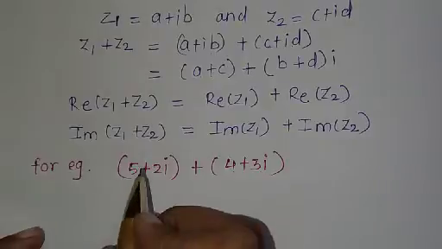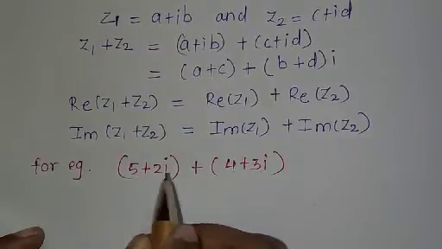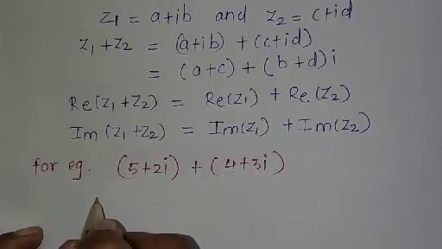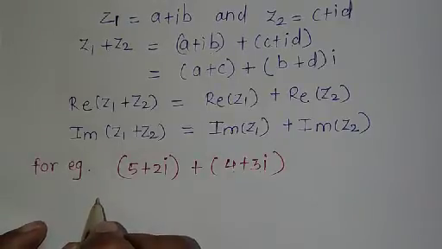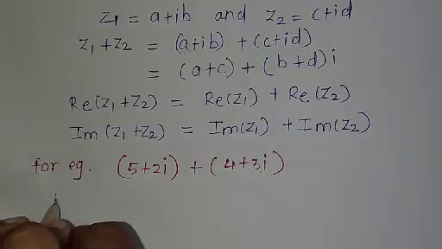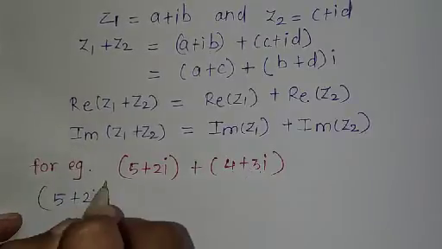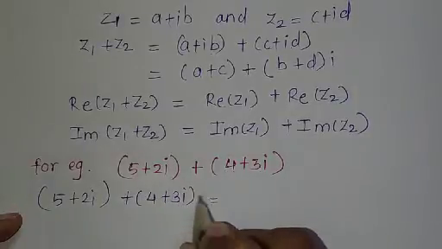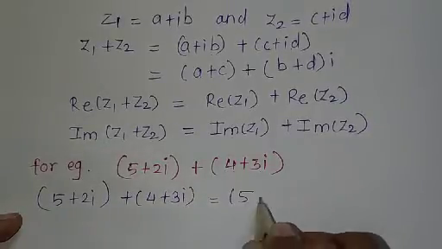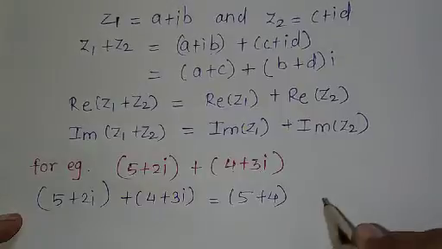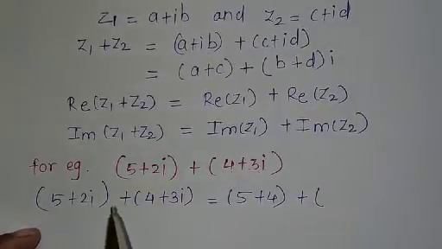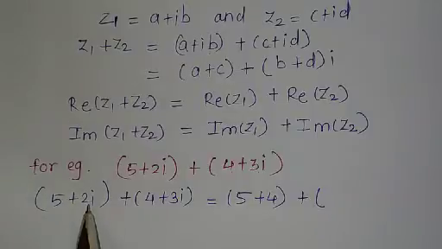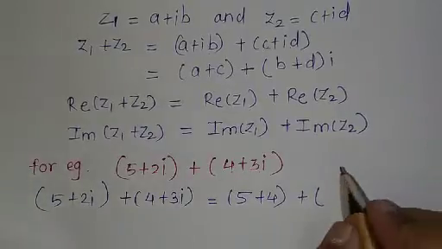So in addition of these two complex numbers, first of all we will take the addition of real parts, that is 5 plus 2i plus 4 plus 3i is equal to 5 plus 4 plus addition of two imaginary numbers, that is 2i plus 3i.